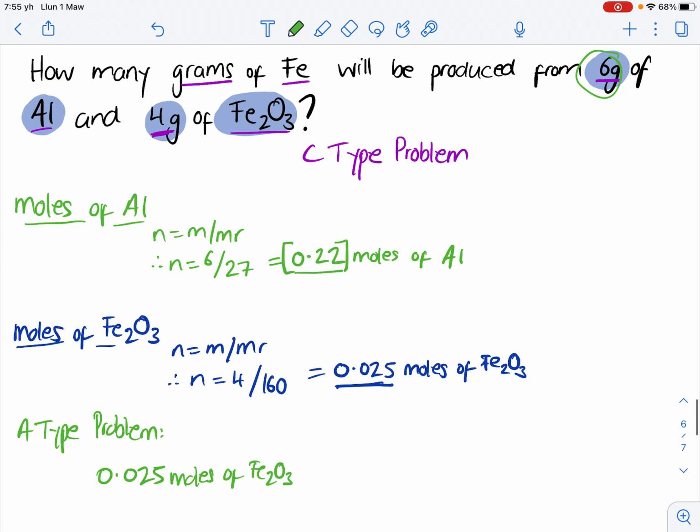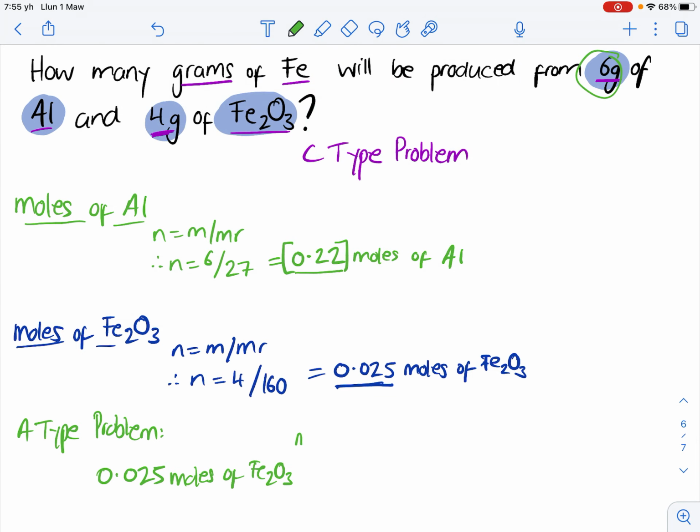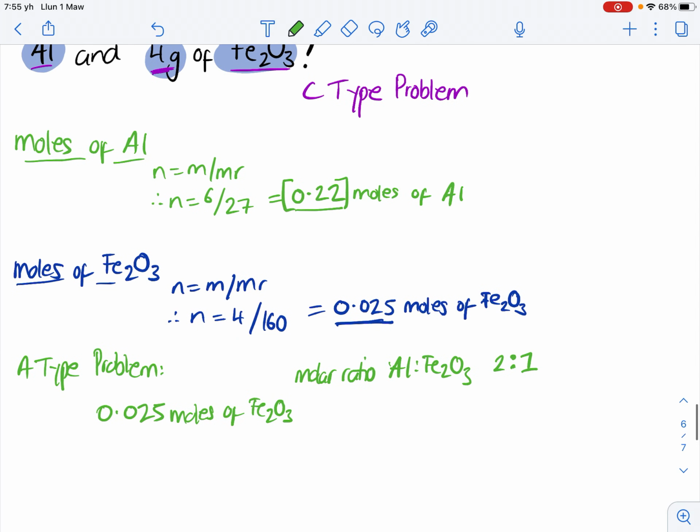So our molar ratio between aluminium and iron oxide is 2 to 1. How do I know that? Because I'm looking at my balanced equation. I have a coefficient of 2 here and a coefficient of 1 here. Okay, so it's 2 to 1.